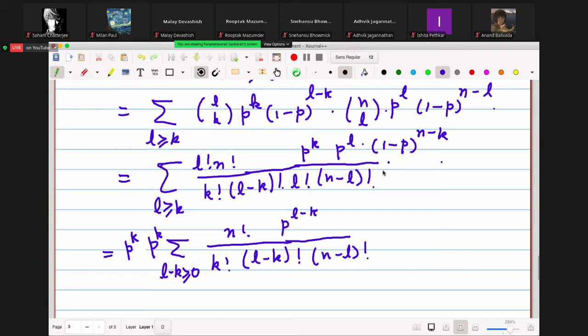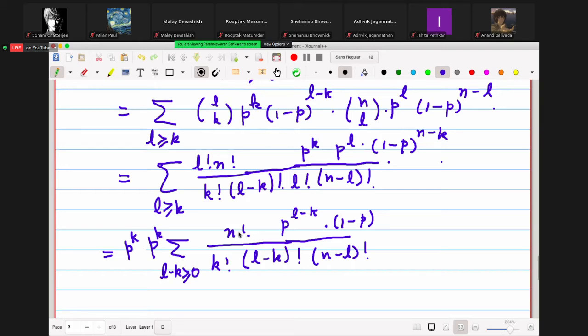And this q is of course q, but I write it as 1 minus p power n minus k. Change all the L to L plus k, that will do, and then take L equal to 0 to whatever.